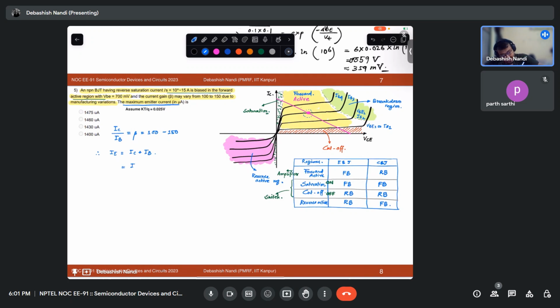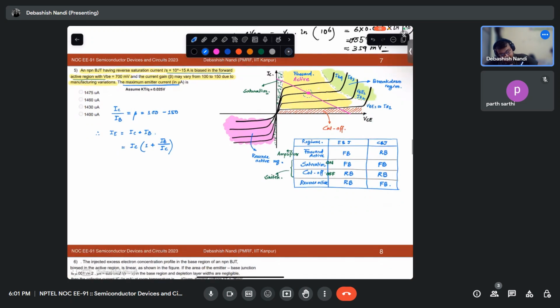So IE would be, if I take IC common, IC times 1 plus IB over IC. So your IC times 1 plus 1 over beta, right? Can you tell me why did I take IC common? And I am claiming that for IE to be IE max, beta has to be minimum. That means I will take beta value to be 100.